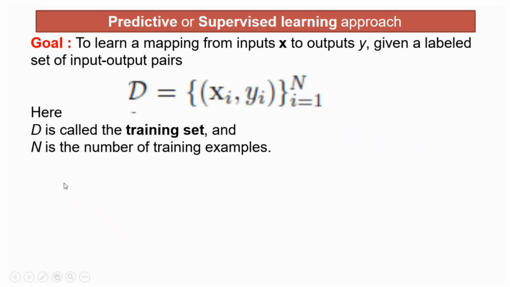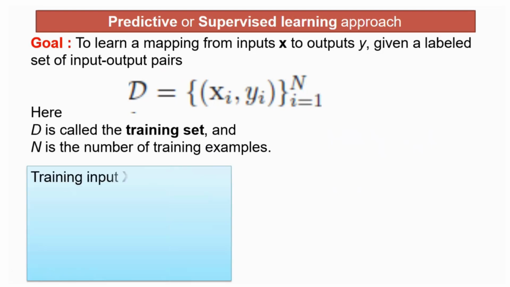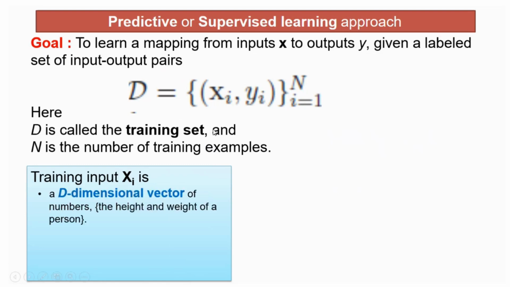D is the training set, N is the number of training examples. Here, Xi denotes the input. This input could be an n-dimensional vector of numbers, for example, if our data is the height and weight of a person, accordingly we classify them as obese or non-obese.